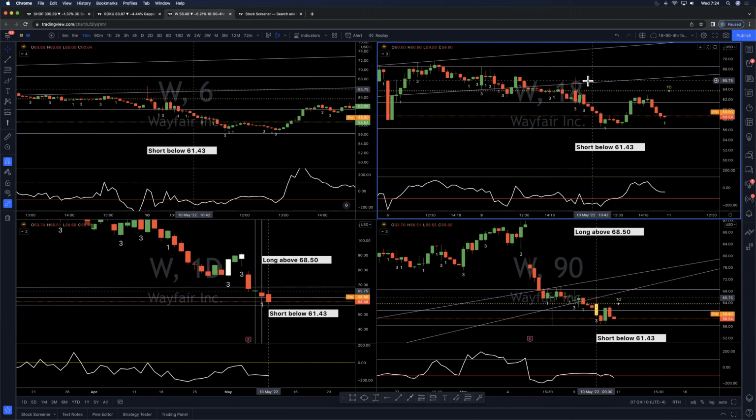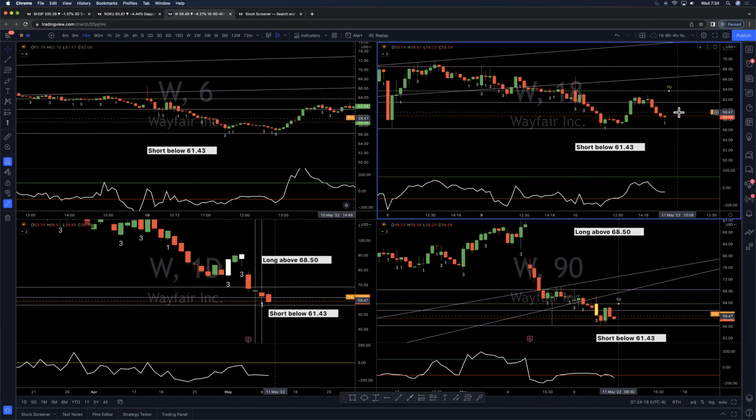But somewhere in there is going to be a broadening formation pivot, and price will either trade back to that point and continue in a direction, or it may trade up to that point or reverse.